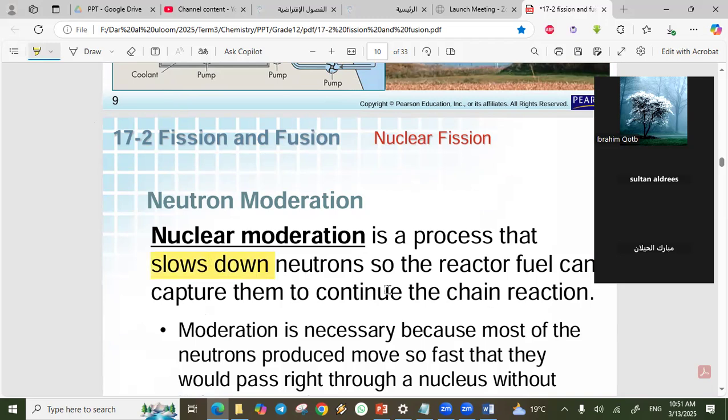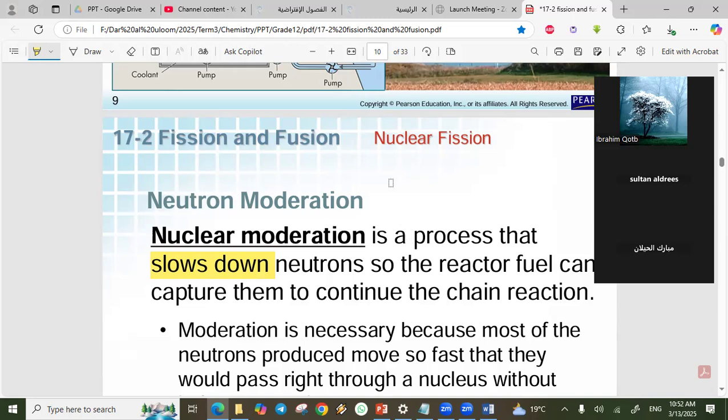Why do we slow down the neutrons? If the neutrons are very fast, they can penetrate the new atoms and the reaction will not occur. So we have to slow them down to make them enter the atom of uranium and make this atom unstable so fission occurs.